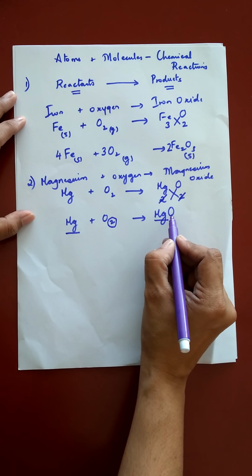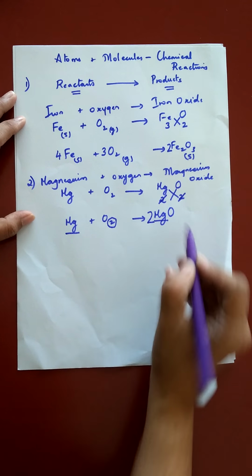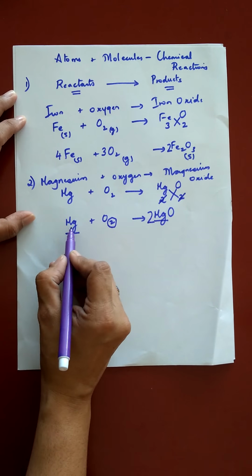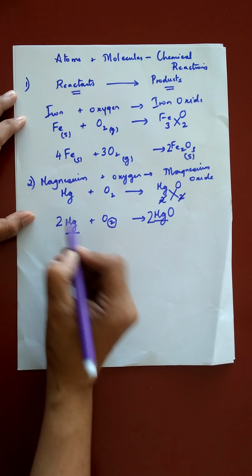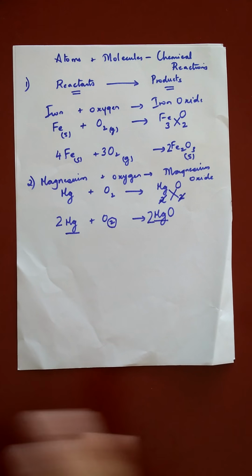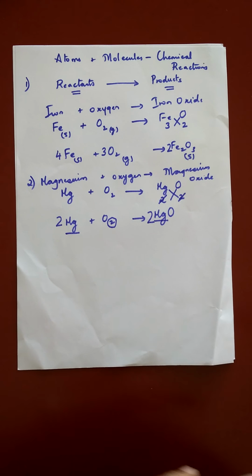To make it 2, you cannot write 2 here. The rule is you write it in front of the compound. But when you write 2 here, magnesium also becomes 2. So to make this magnesium 2, you write 2 here. Here you are balancing the equation, making the number of atoms on the left hand side and the right hand side equal.